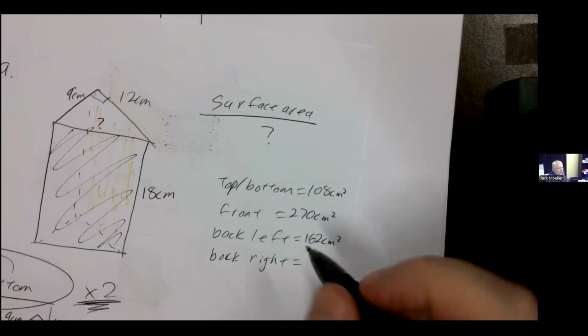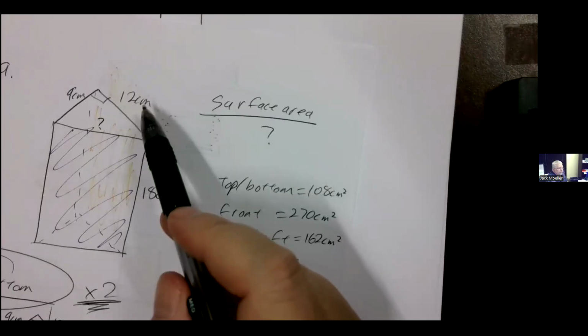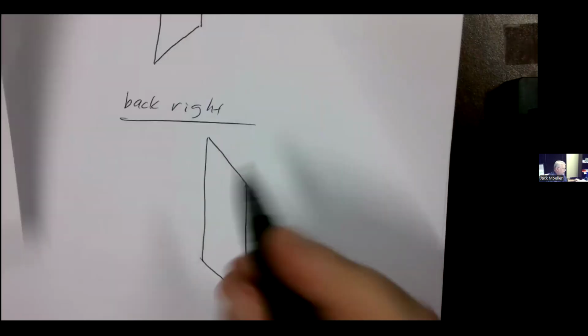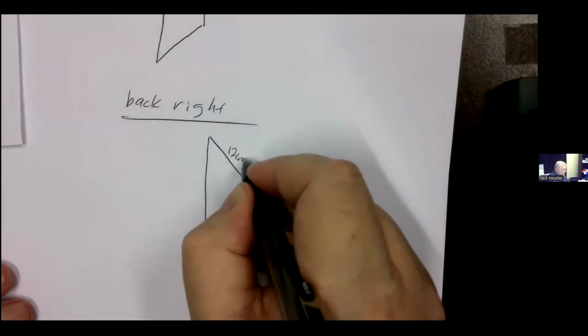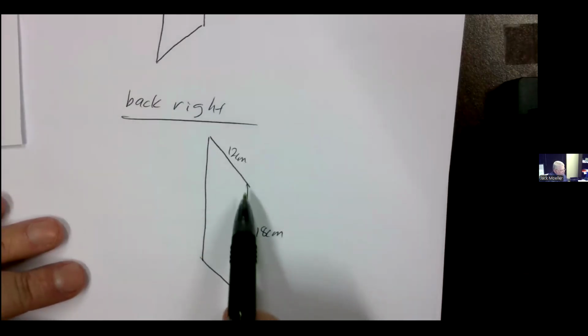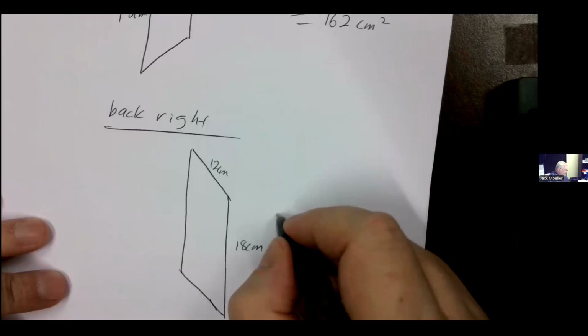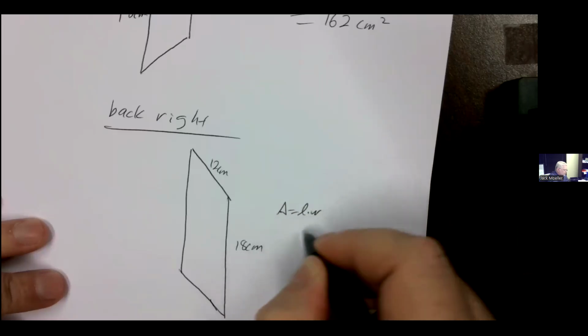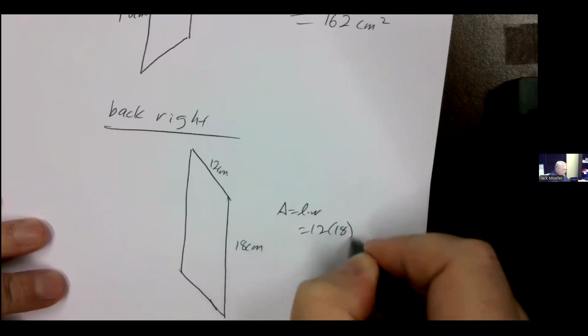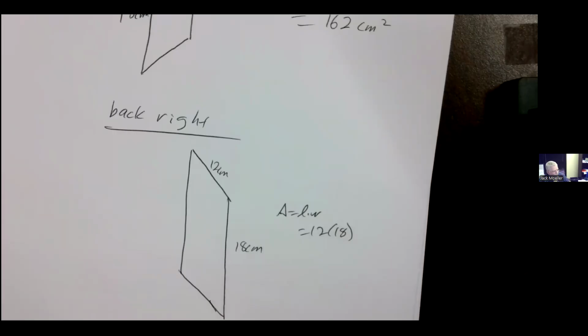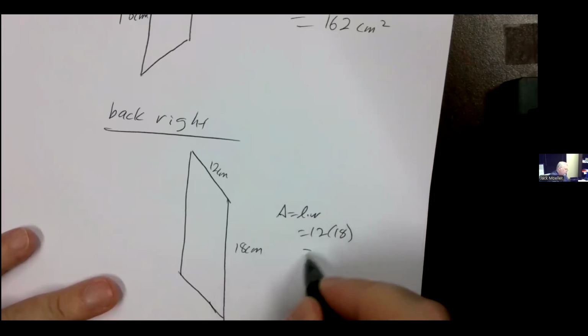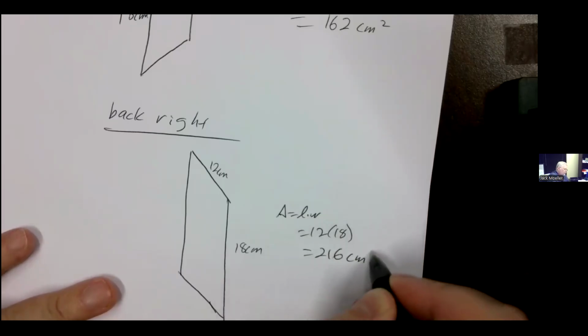And then from the original prism, it's going to be 12 centimeters. So maybe it's a little cocked, but that's a rectangle. And so we're just doing area, length times width. 12 times 18 is 216 square centimeters.